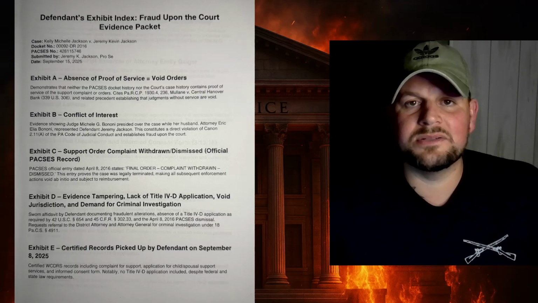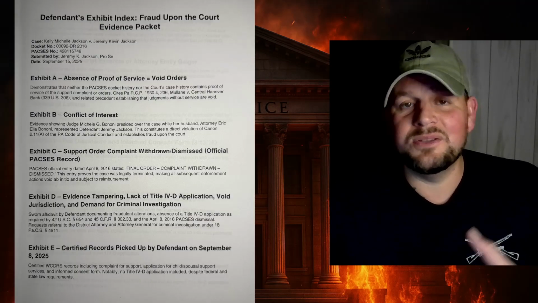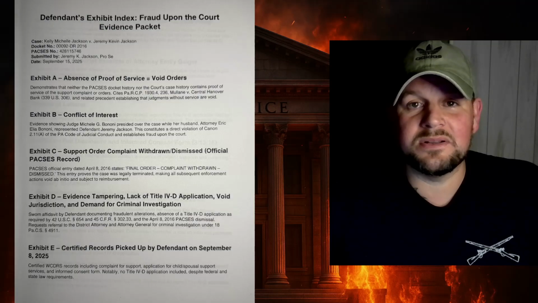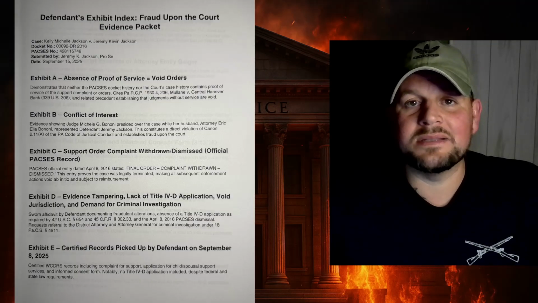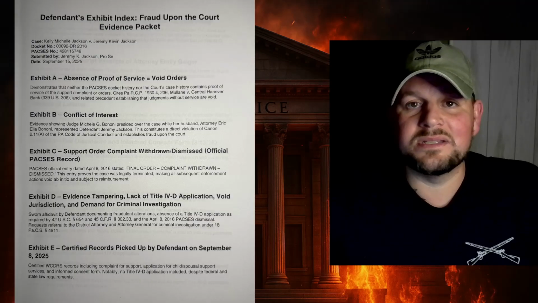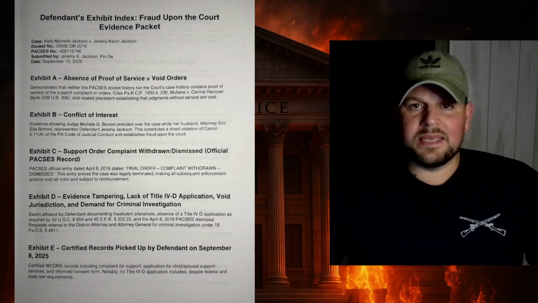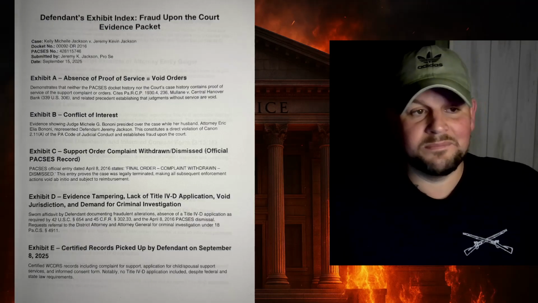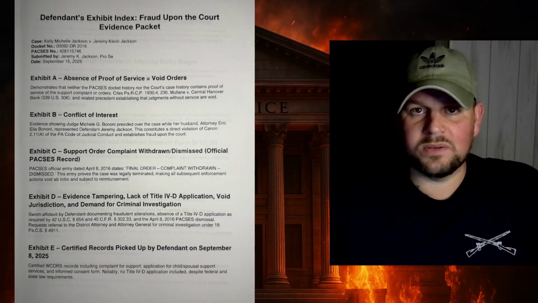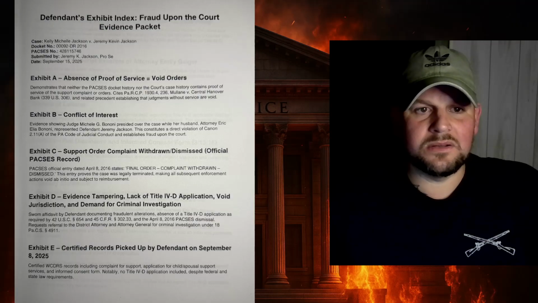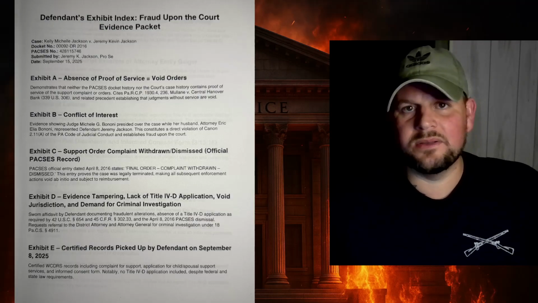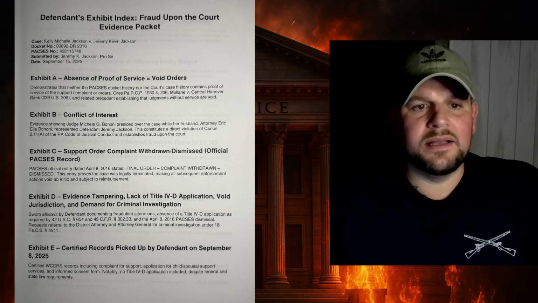Just like if you're suing somebody and you don't file the proof of service, the other party can come back and say, I want this dismissed because there's no proof of service, and the judge is obligated to terminate that lawsuit because you didn't file that. Same goes for these people. They cannot get away with it just because it's an entity of the court. So that's Exhibit A. We're going to go through most of these.